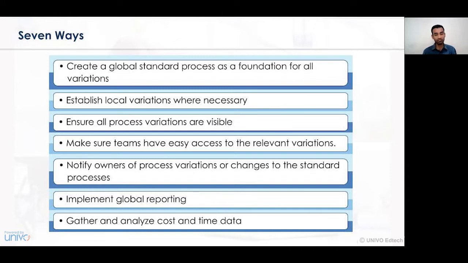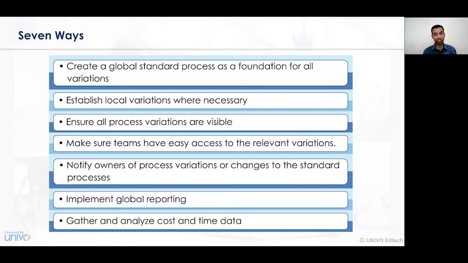Making sure that teams have easy access to the relevant variations. If at a certain stage certain variations need to be implemented, the team must be aware of them, and they should be acceptable and visible to everyone. So, accessibility of the variations is essentially required.